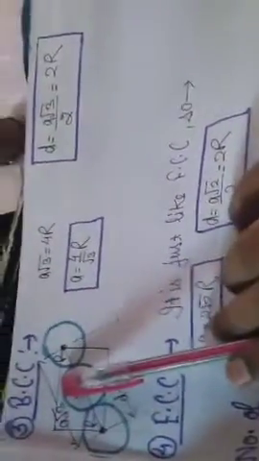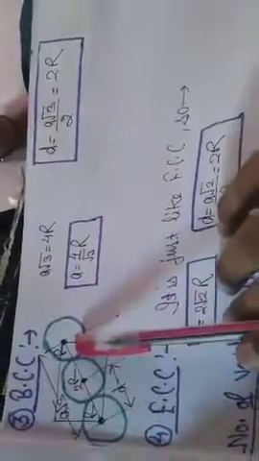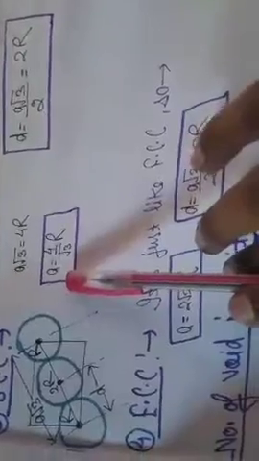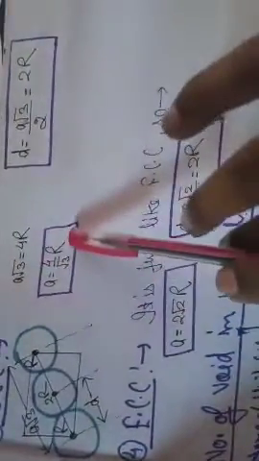For the next unit cell, we take the body centered unit cell. As we know, the body diagonal is a root 3, and of the three spheres, one is present at the body center and two at the corners, so the total distance across the three centers is 4r. a root 3 equals 4r, so the edge length a equals 4 by root 3 times r.